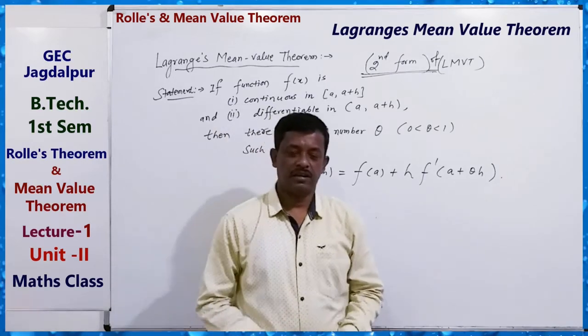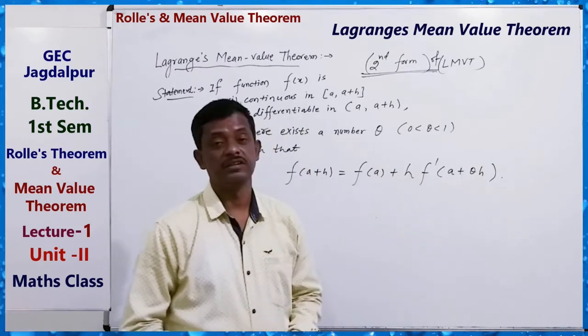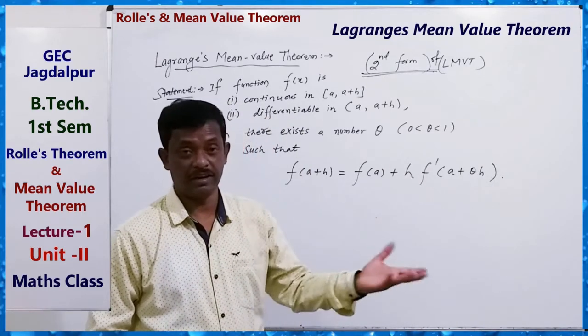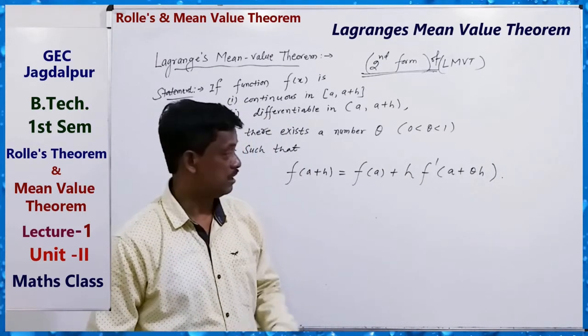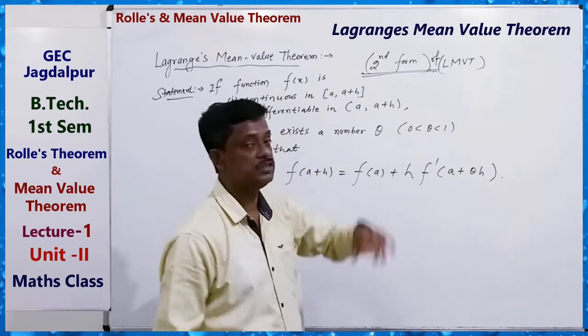I will discuss in detail in the next class Taylor's theorem with remainder forms also, Taylor series, Maclaurin series. So this is the second form of Lagrange's mean value theorem.